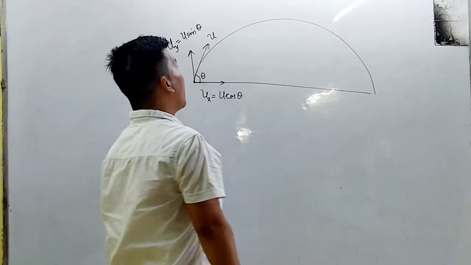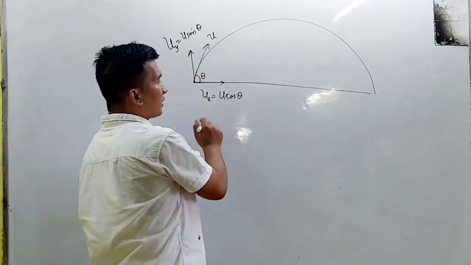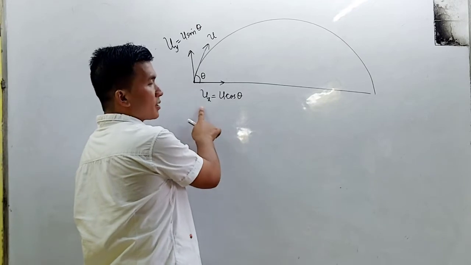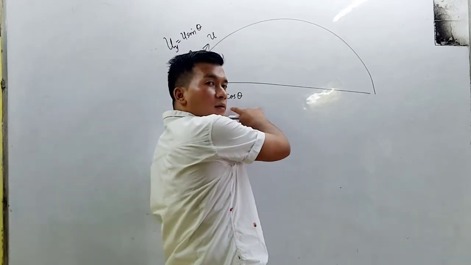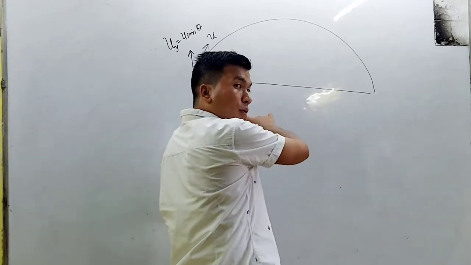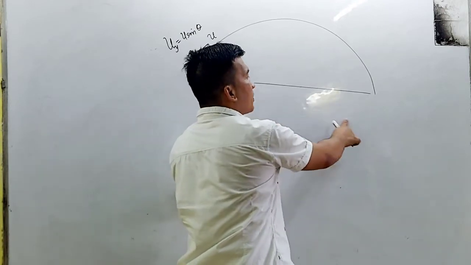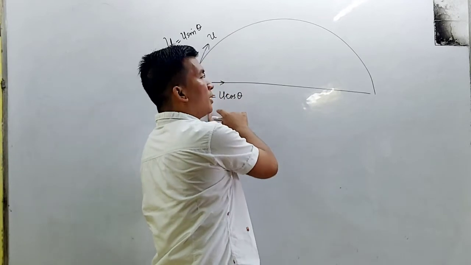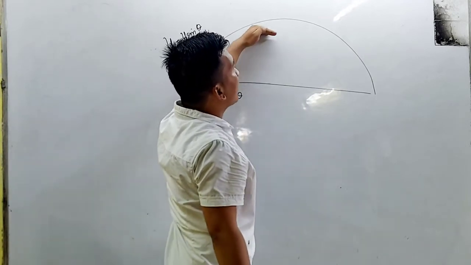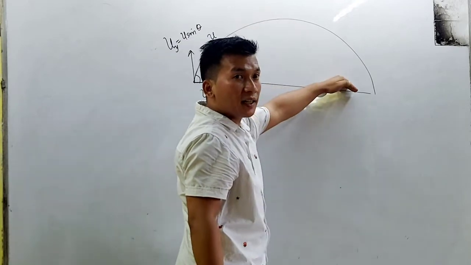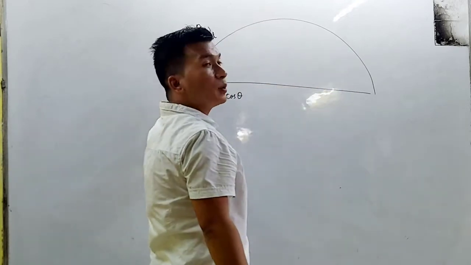Now what will be the role of your ux, the horizontal velocity component? Horizontal displacement, the range, will be produced by ux. Vertical displacement, the increase and decrease in the height, will be produced by uy.